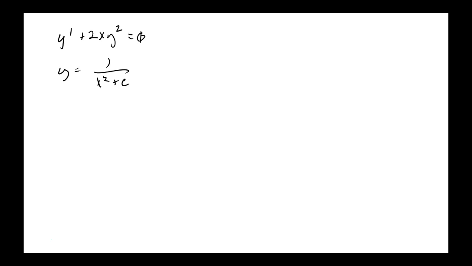Now, if we impose the initial condition that y of 0 is equal to minus 1, then what we have to do is go up here to our solution and say minus 1 is equal to 1 over c, right?